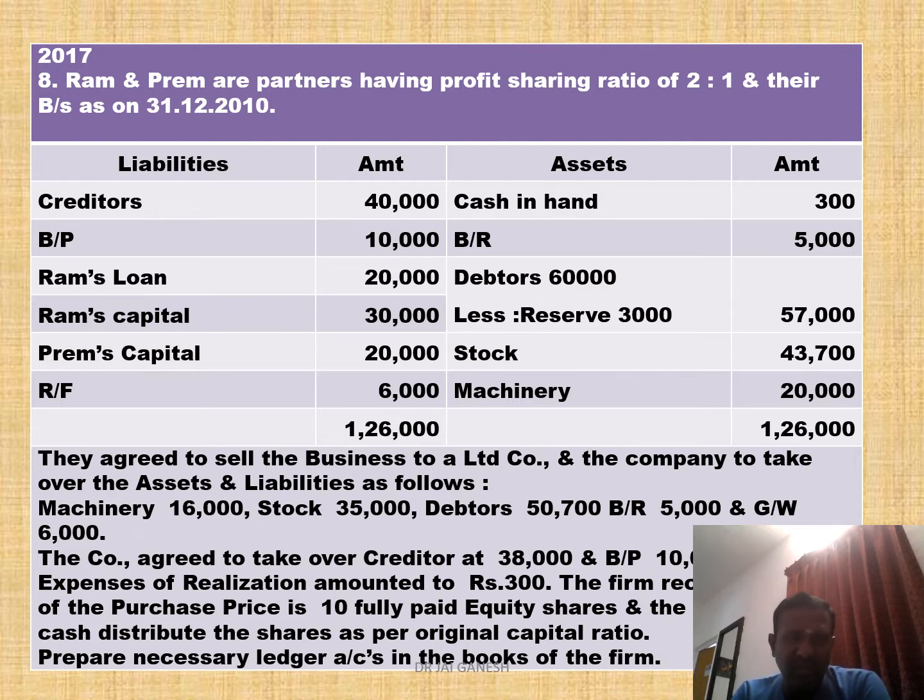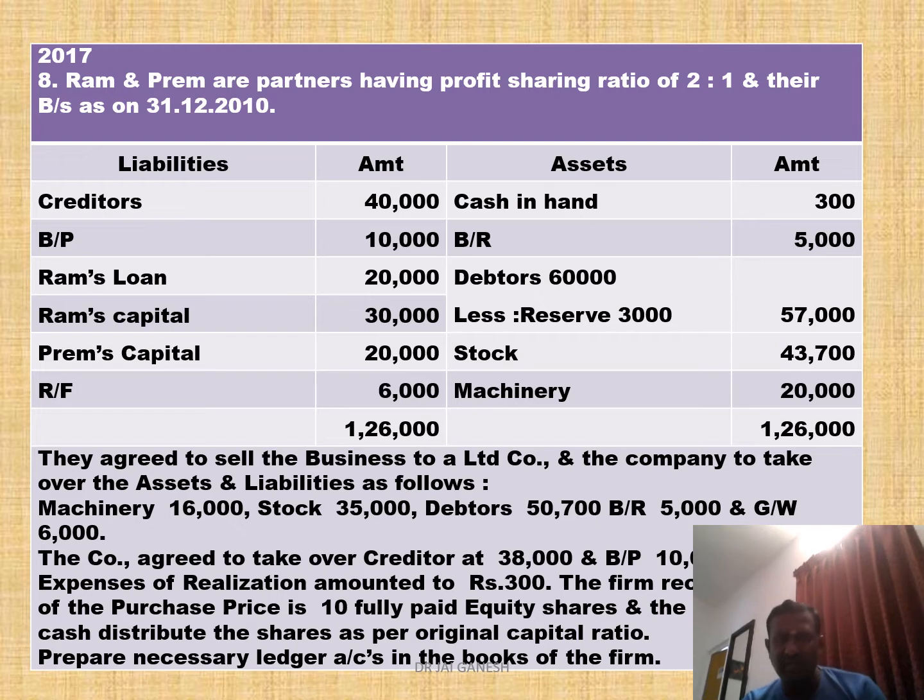The expenses of realization amounted to 300. The firm received 40,000 of the purchase price in fully paid equity shares, and the balance in cash. Distribute the shares as per the original capital ratio. Prepare ledger accounts in the books of the firm.